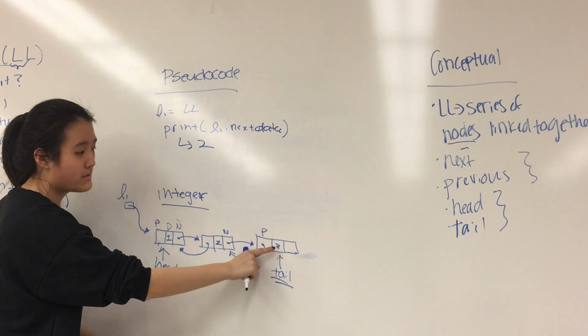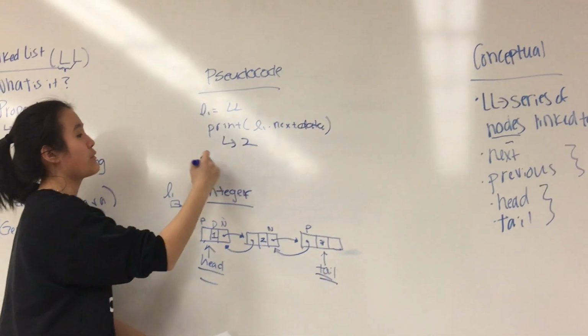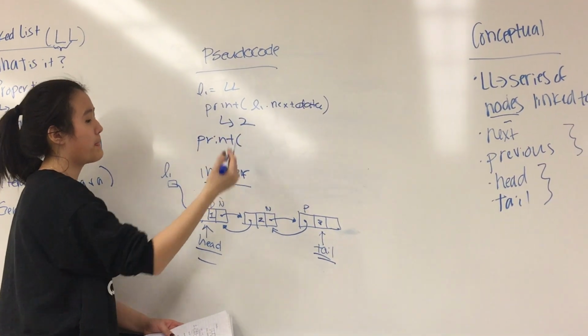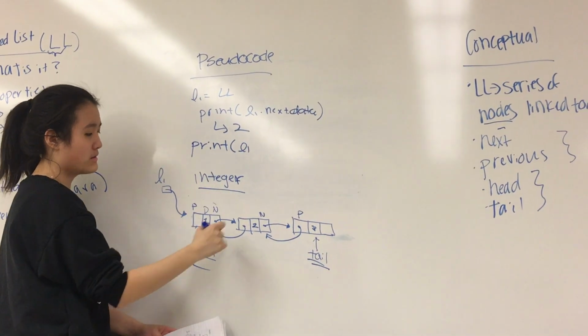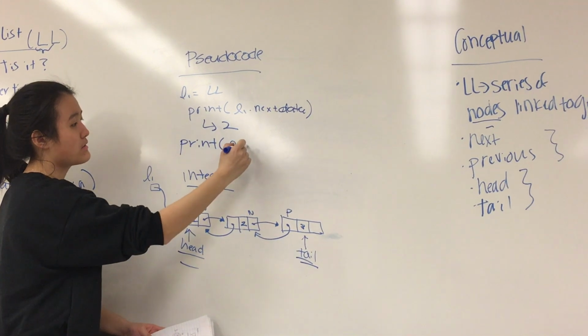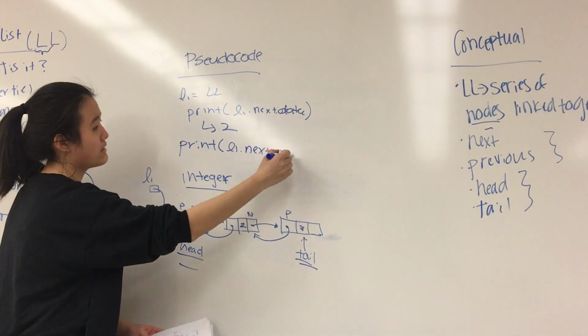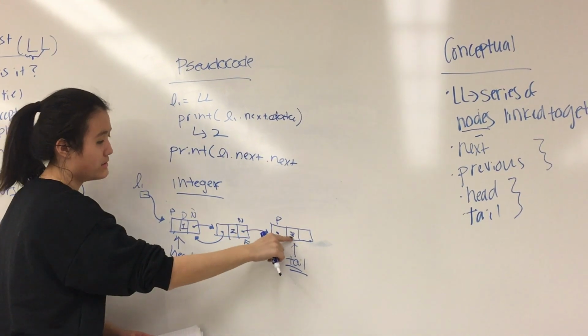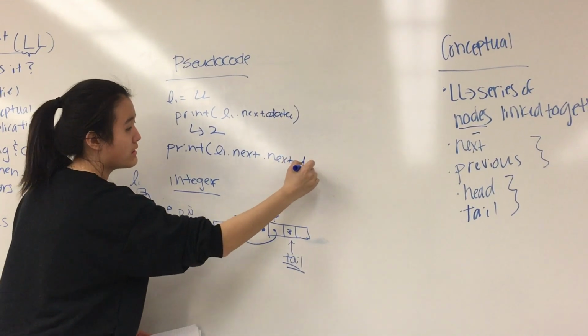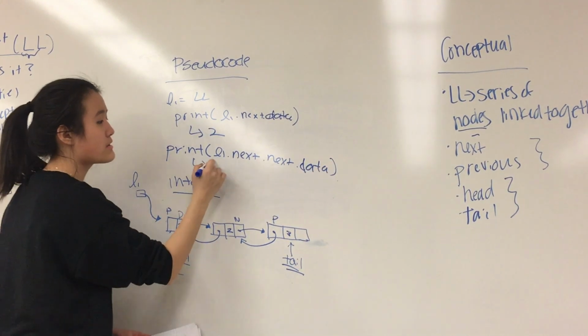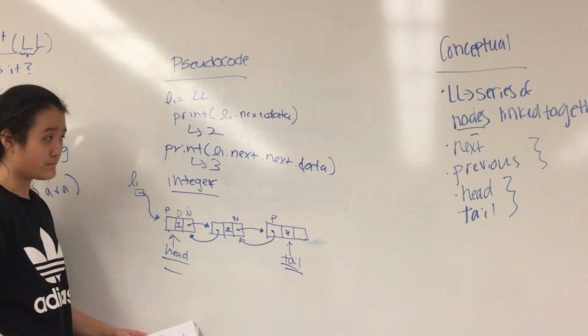So now you're at 3. If we were to write that out, to print the data of that, it would be L1 dot next dot next dot data, which will give us 3.